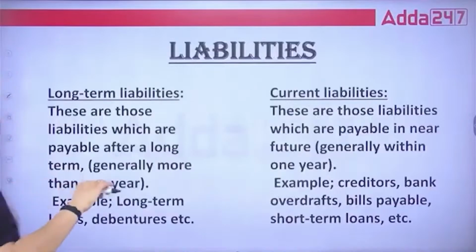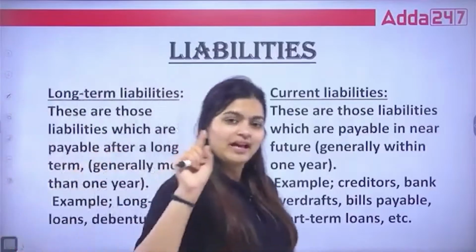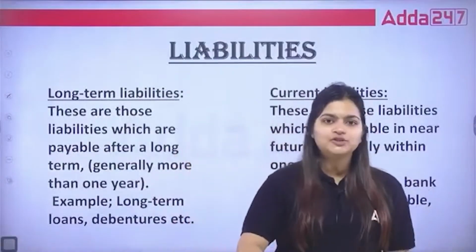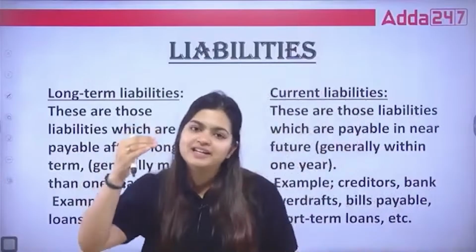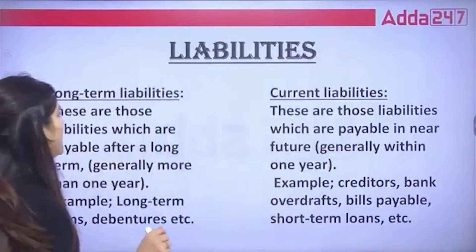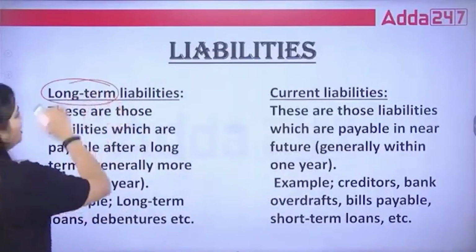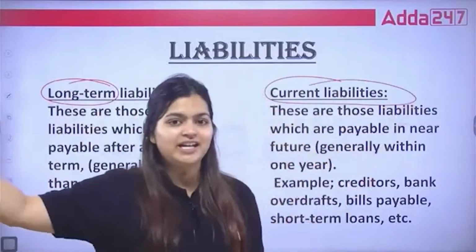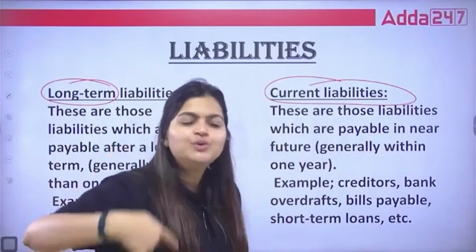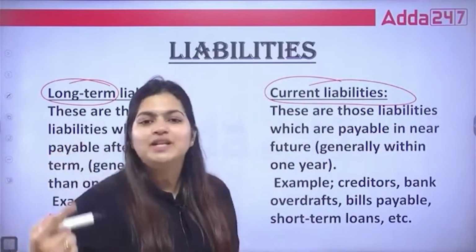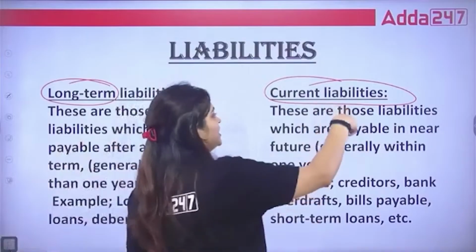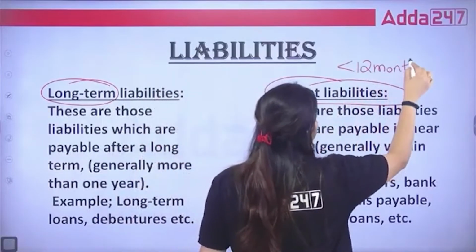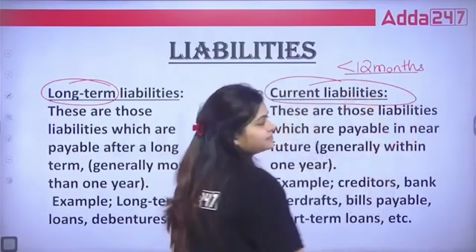So we have seen two terms till now: assets and liabilities. Assets bifurcation we have also seen. Now it's time for liabilities bifurcation. So liabilities are divided again into long-term and current liabilities. Like current assets, which we use and whose life is less than 12 months, the same way the liabilities life is also going to be less than 12 months.